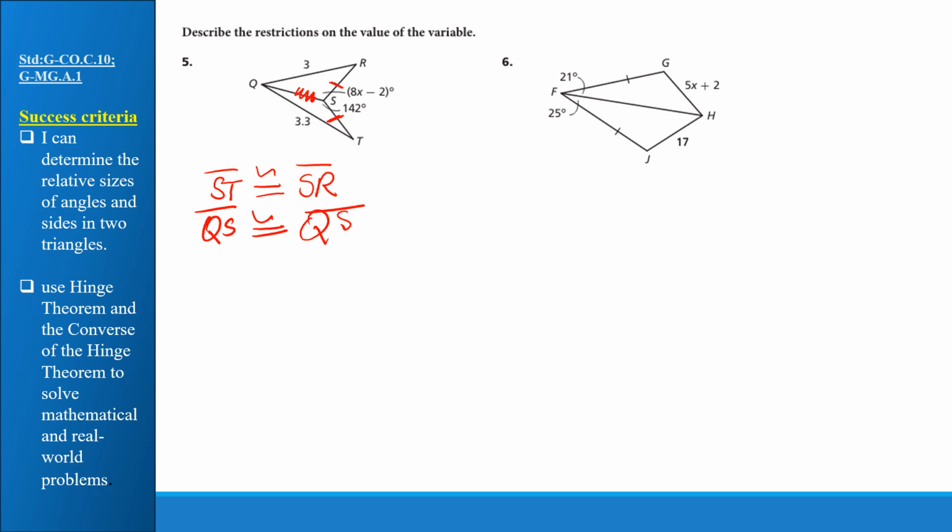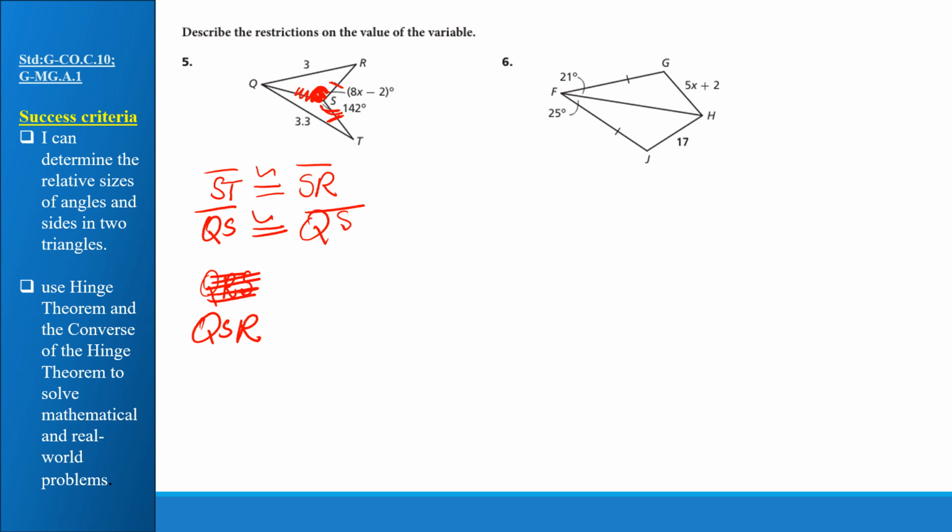Okay, so now the included angle will be this angle, and the included angle for the other one is this angle, that is 142. Name this angle QSR, because the angle should be in the middle.